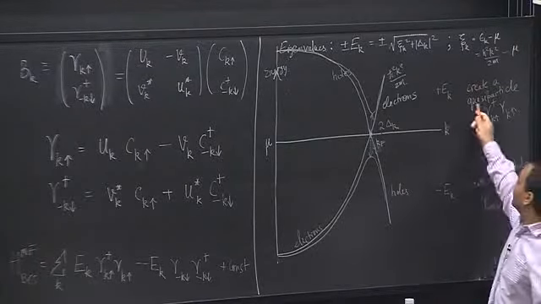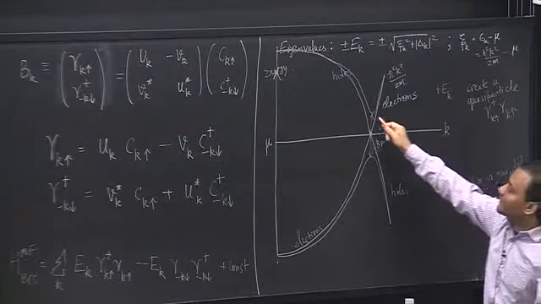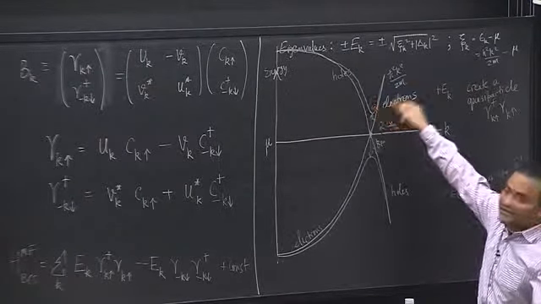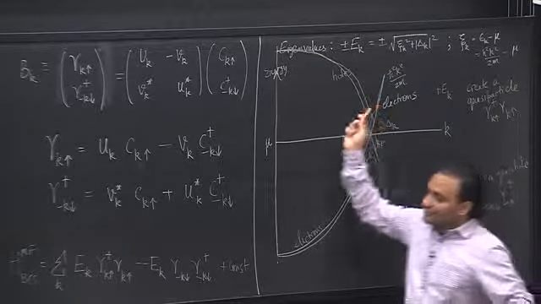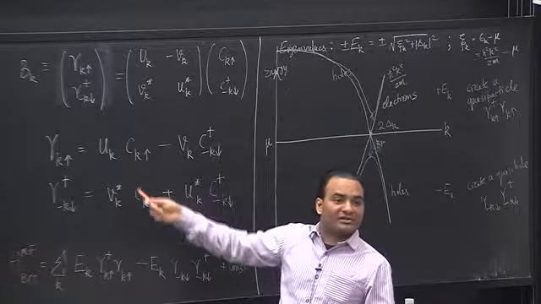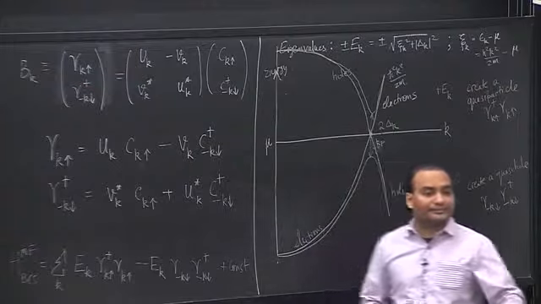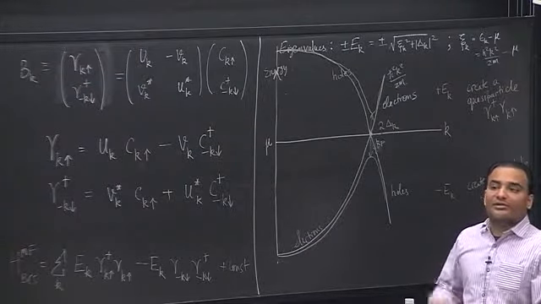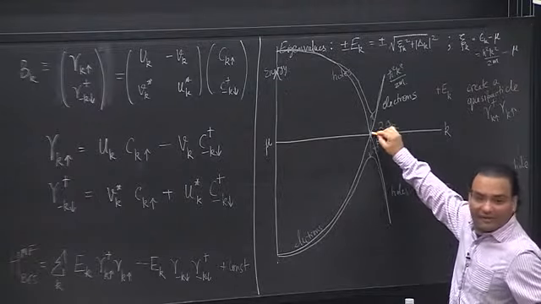Now this plus Ek, the quasi-particle branch, if you look at this energy, each of these energy values includes both electrons and holes, which is what we wanted from this theory. Again, this is kf.